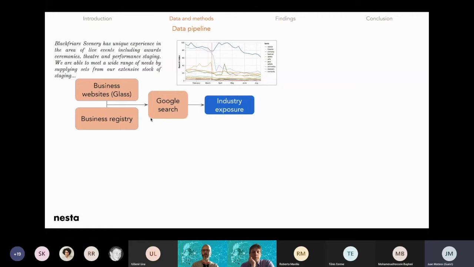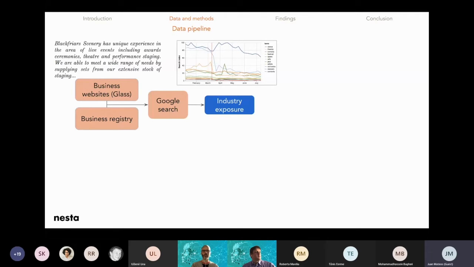And then we run those terms against Google search. The idea here is to look at the level of consumer interest, a proxy for demand for the kinds of products and services that these industries sell. And once we have done that, we are able to create a ranking of industry exposure to COVID-19.